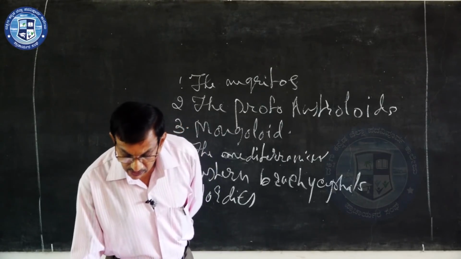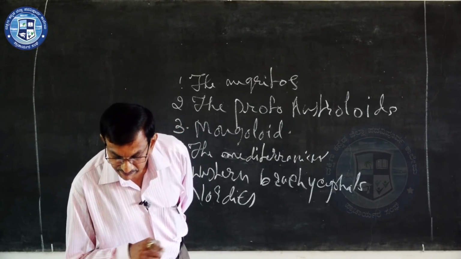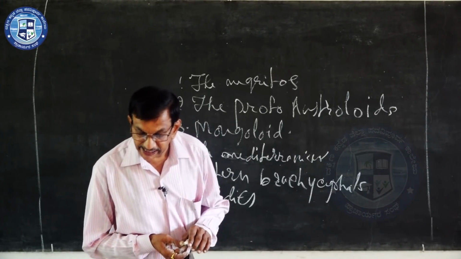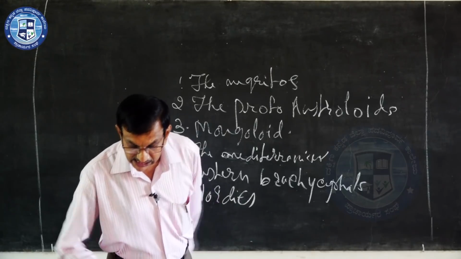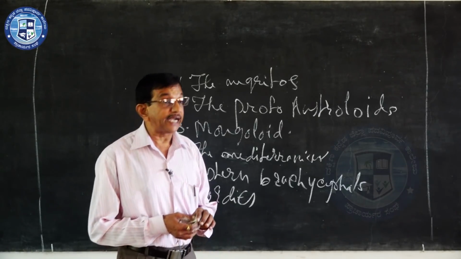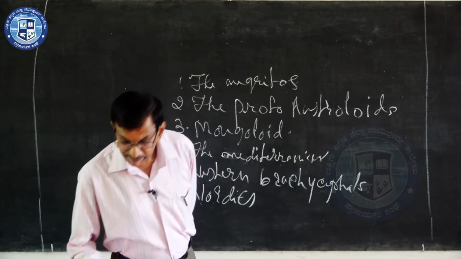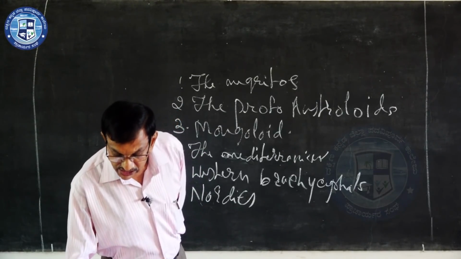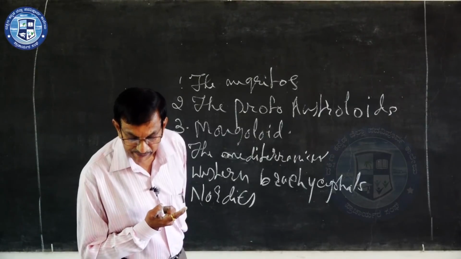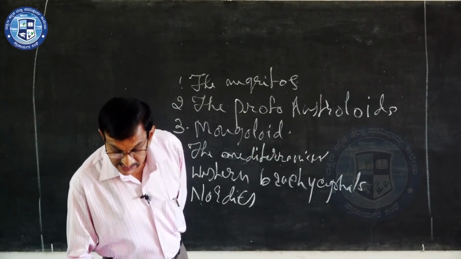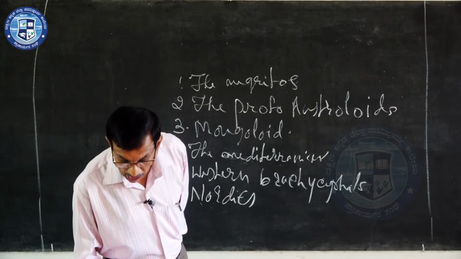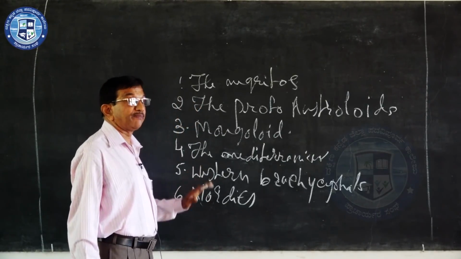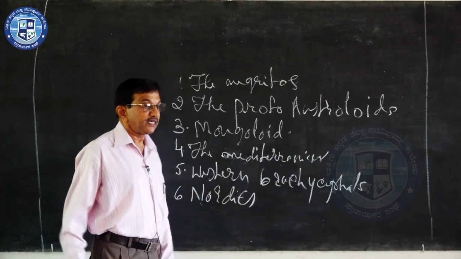The Nordics were the last major group which entered India, and they are described as Aryans and Sanskrit speaking people. They are characterized by tall stature, long head, fair skin, scanty hair and blue eyes. So these characteristics are embodied by this Nordic race.